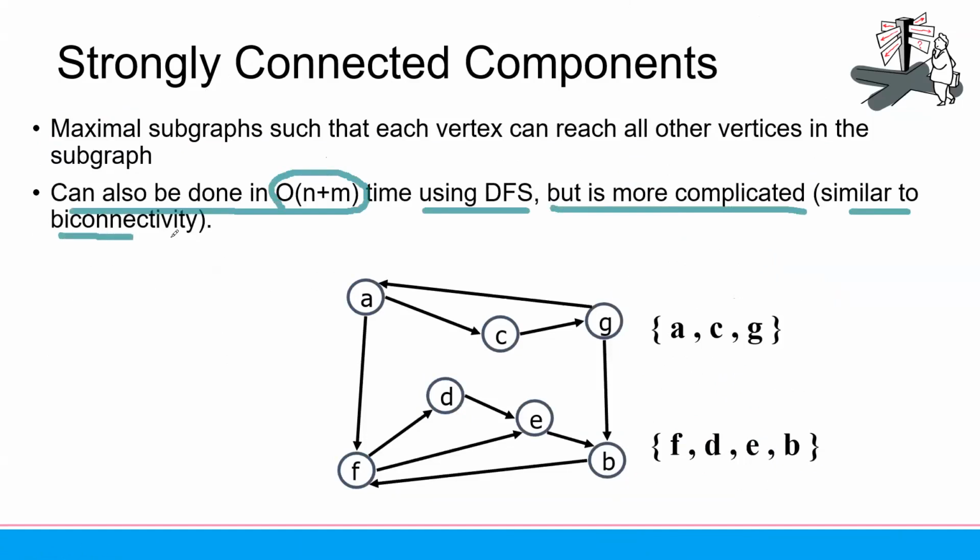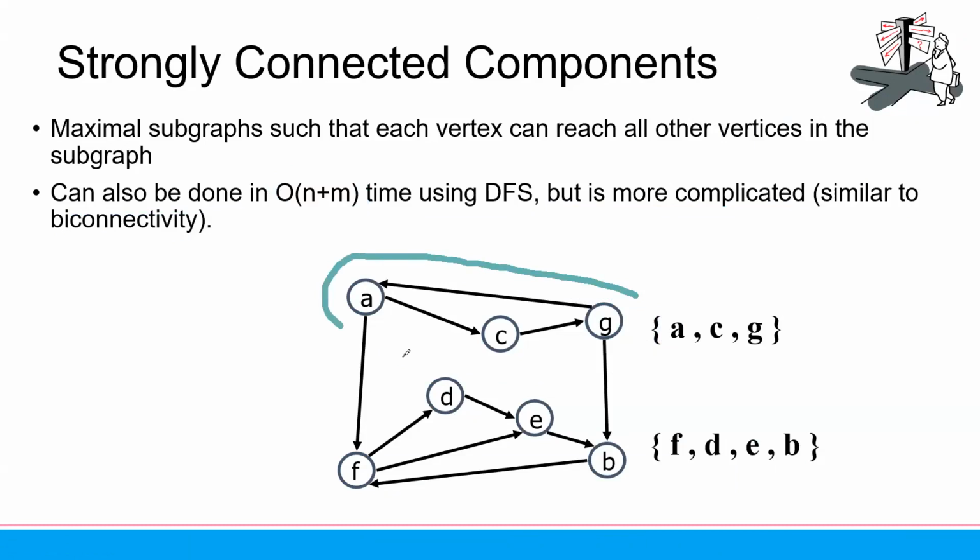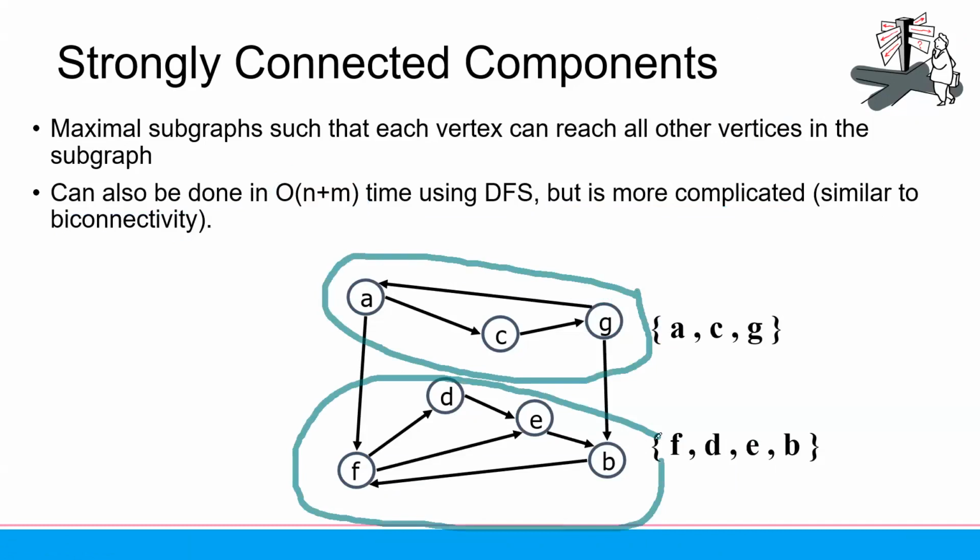It's similar to biconnectivity. So in this case, let's say I want to split into two components, A, C, and G, and then I have another component. Let's say this is F, D, and B. So I want to make this the first subgraph, and this the second subgraph. This can be done with DFS in O(N plus M).